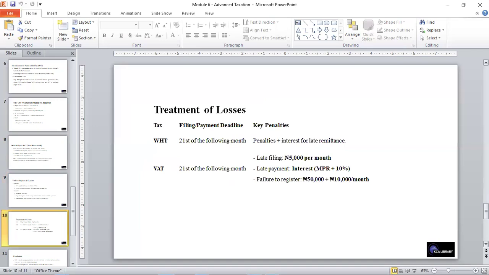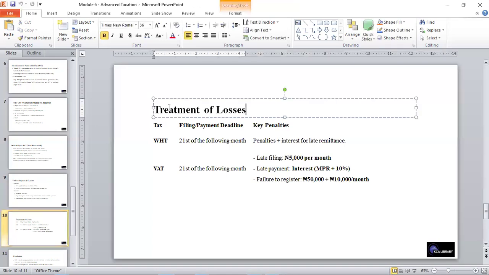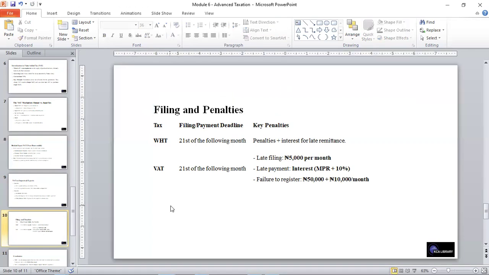Now, filing and penalties. For withholding tax, the 21st of the following month is the filing or payment deadline, while the key penalty is a penalty plus interest for late remittance.